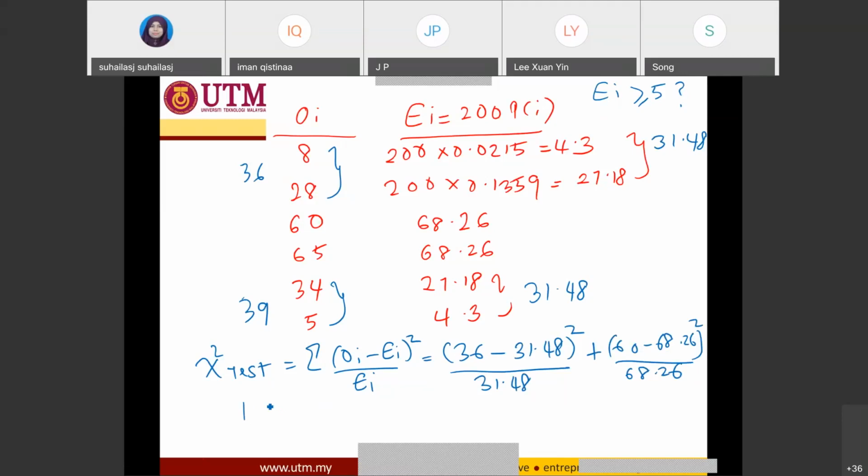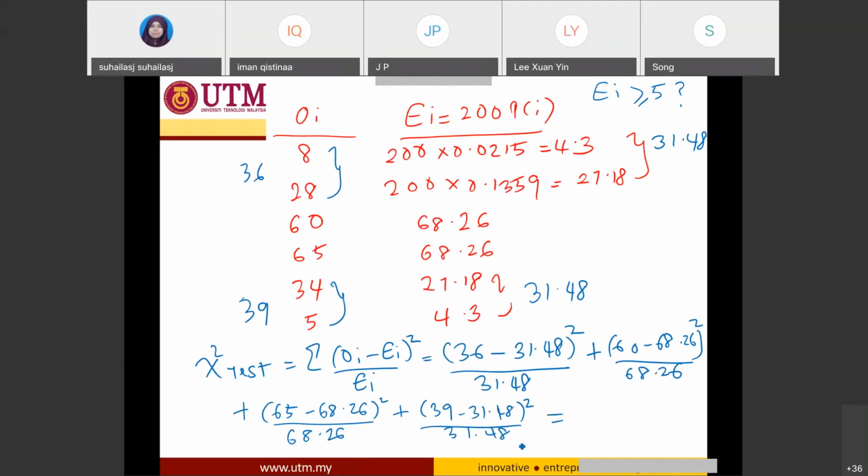Then plus 65 minus 68.26 squared, divided by 68.26. The last one, 39 minus 31.48 squared, divided by 31.48. Compute the value for your chi-square.